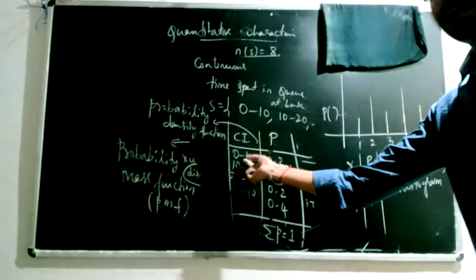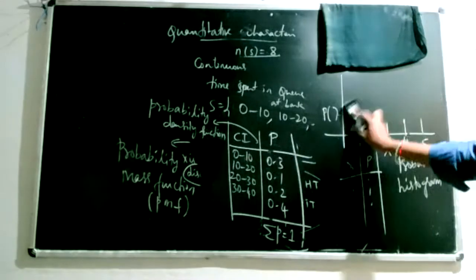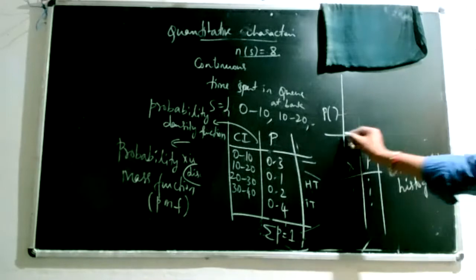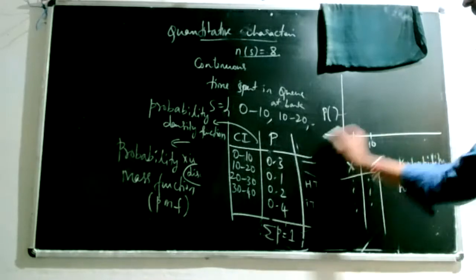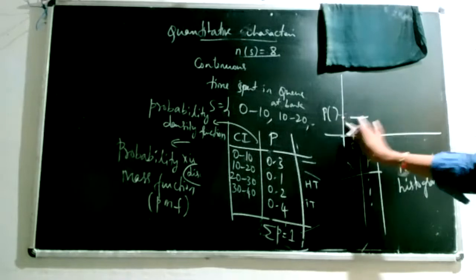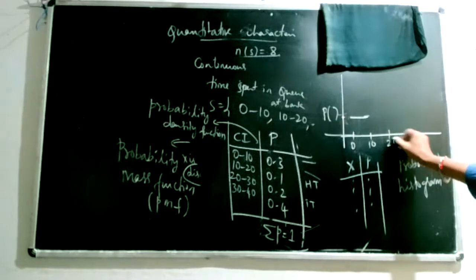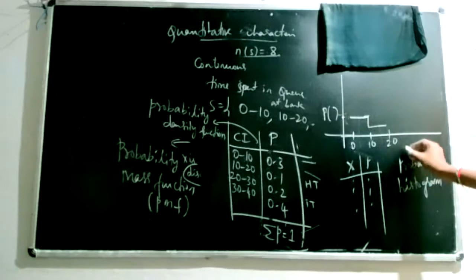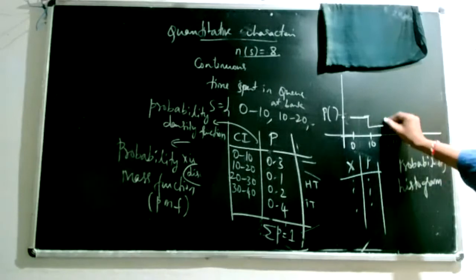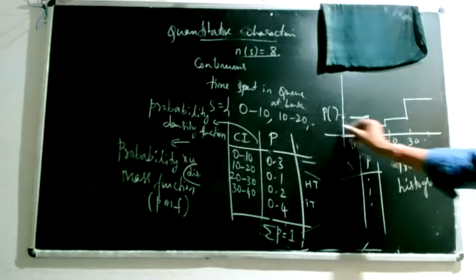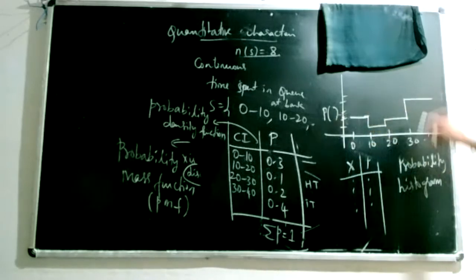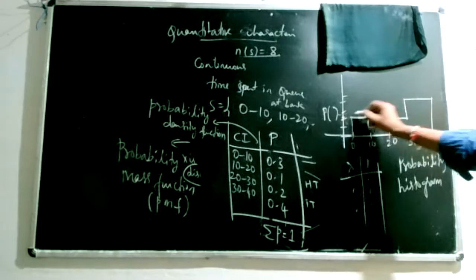But when you look into the continuous case, it actually produces a mathematical function. So 0 to 10, the probability is say 0.3, then 10 to 20 it is 0.1, then 20 to 30 it is 0.2, then 30 to 40 it is 0.4. So it is producing a continuous form.